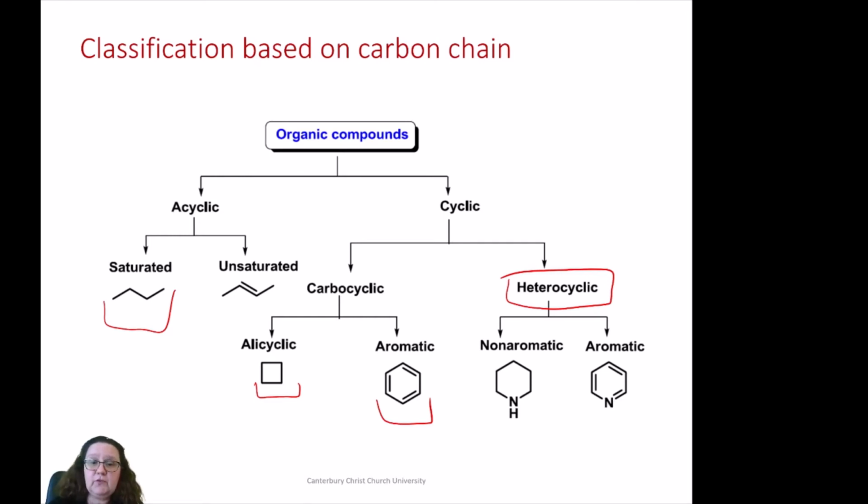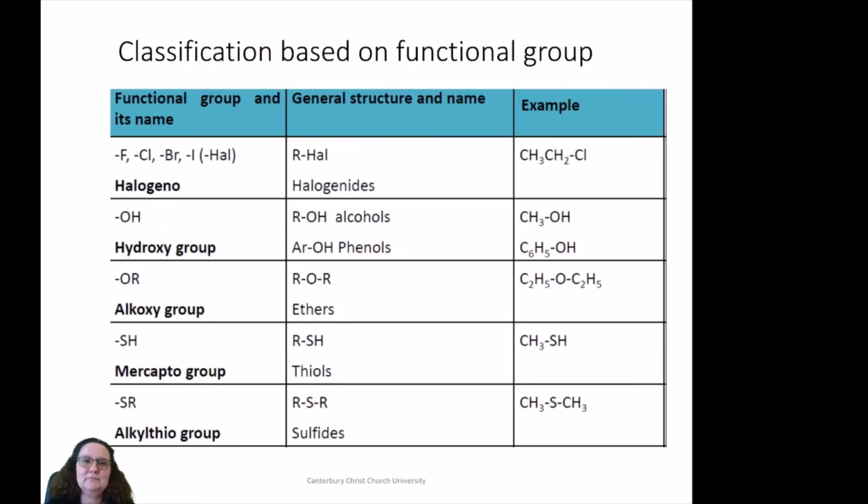Here, for example, we've got two different cycles, both with one of the positions occupied by a nitrogen. Within heterocyclic compounds, you can have non-aromatic or aromatic cycles. This is the example of pyridine, an aromatic cycle in which one of the positions is occupied by a nitrogen.